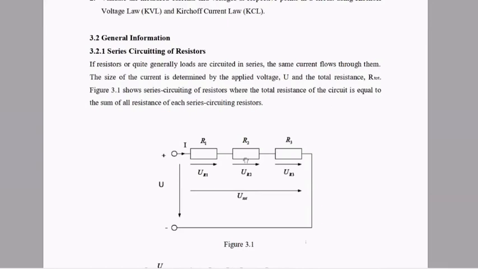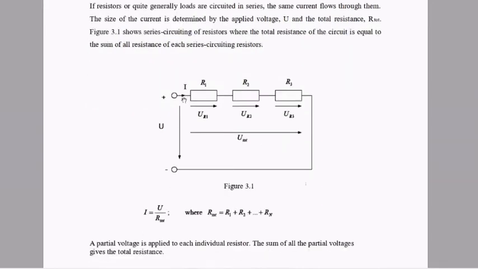Okay, so basically, just for recap, in your series circuiting, at every particular point in this series circuiting line, the total current will be the same, okay? While the partial voltage for each resistance will be different.